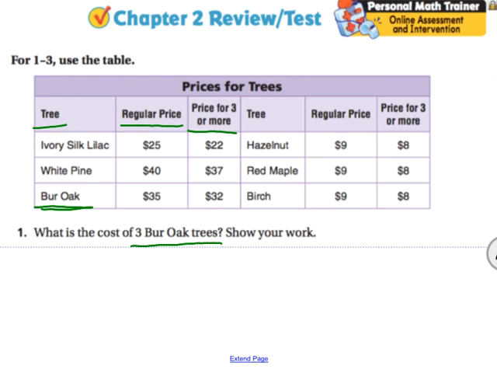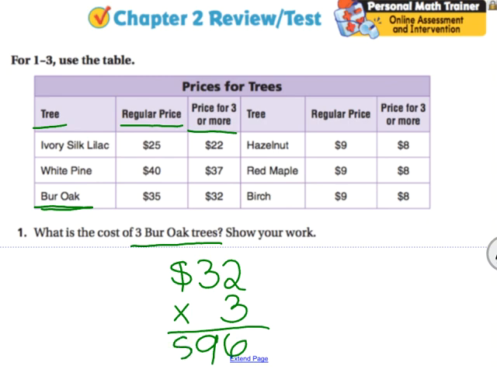Okay, so here I go showing my work. So the cost of 3 bur oak trees will be $96.